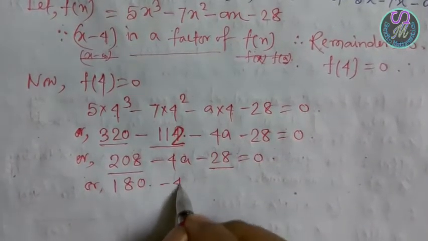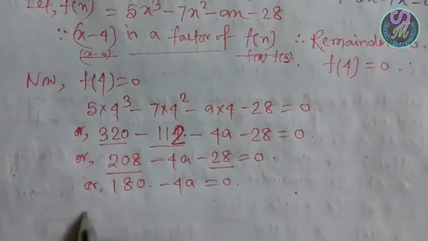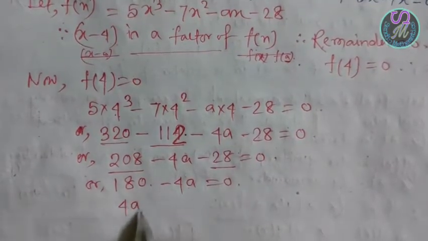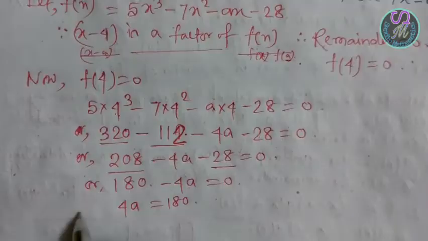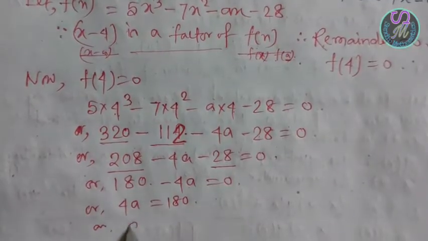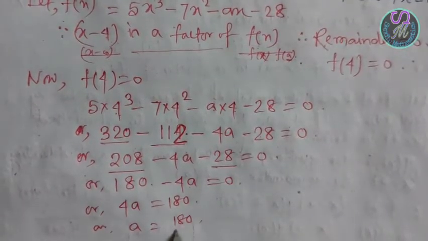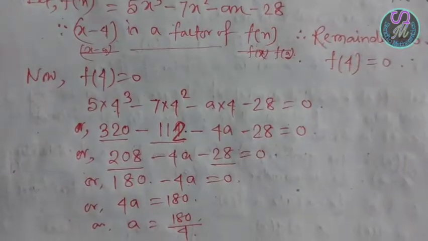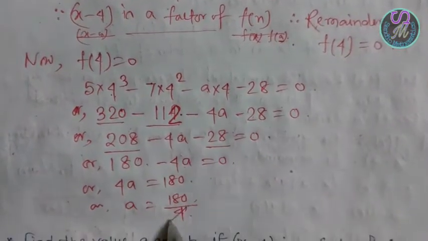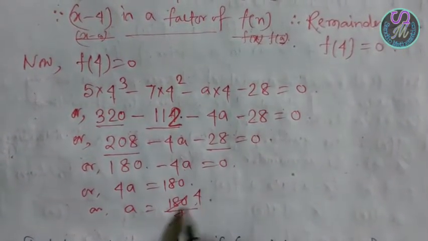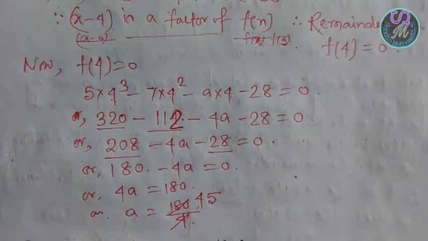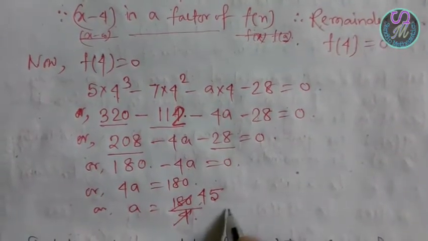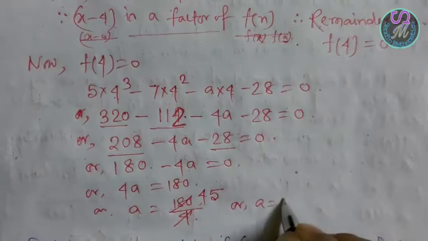The minus 4a, this one is equal to 0. So 4a, this one is equal to 180. So the value of a equal to 180 by 4. Now simplify these two values. 4 4s are 16, 2 20, that means 4 into 5. So the value of a equal to 45.